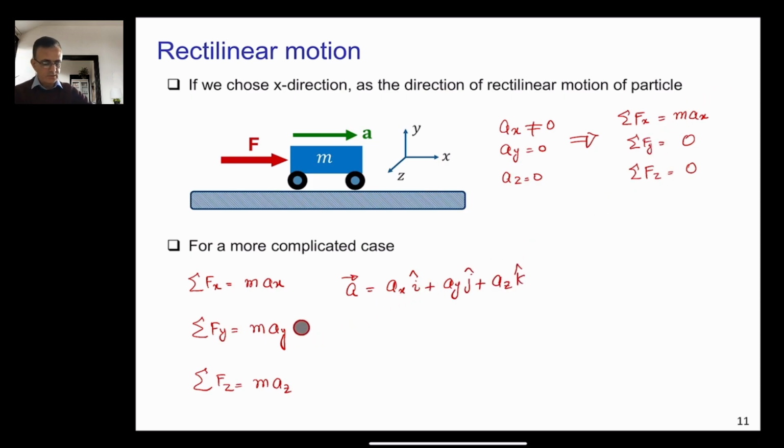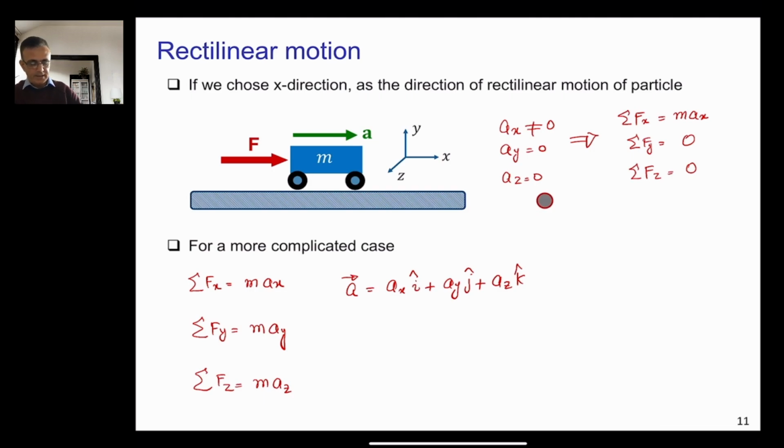So this means that the acceleration has three components: AX along the x-axis, where i is again the unit vector in the x direction; AYj, where AY is the component of acceleration in the y direction and j is the unit vector in the y direction; and similarly AZk, where AZ is the component of acceleration in the z direction and k is the unit vector along the z direction.